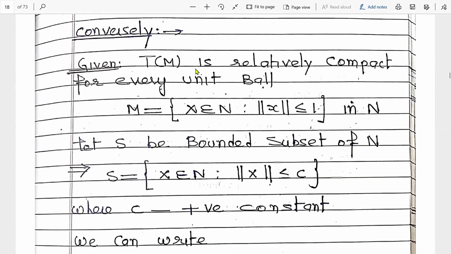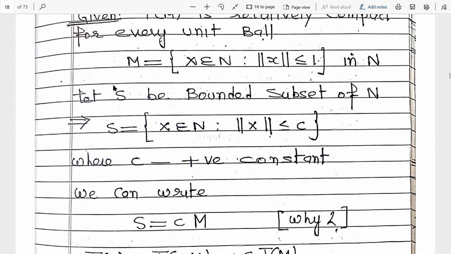Given T of M is relatively compact for every unit ball M in N. Now let S be a bounded subset of N. In order to prove T is a compact operator, we take a bounded set in N, then its image should be relatively compact.